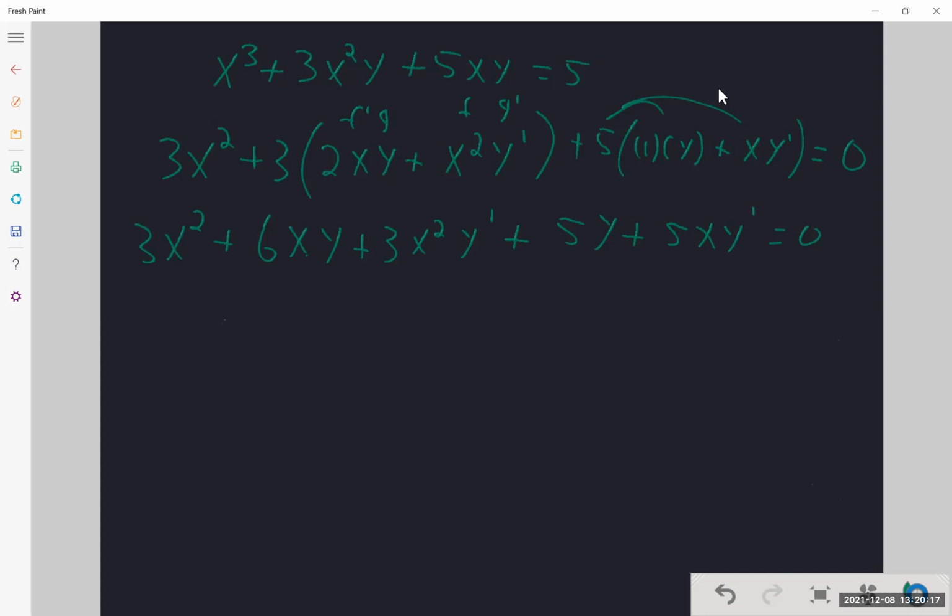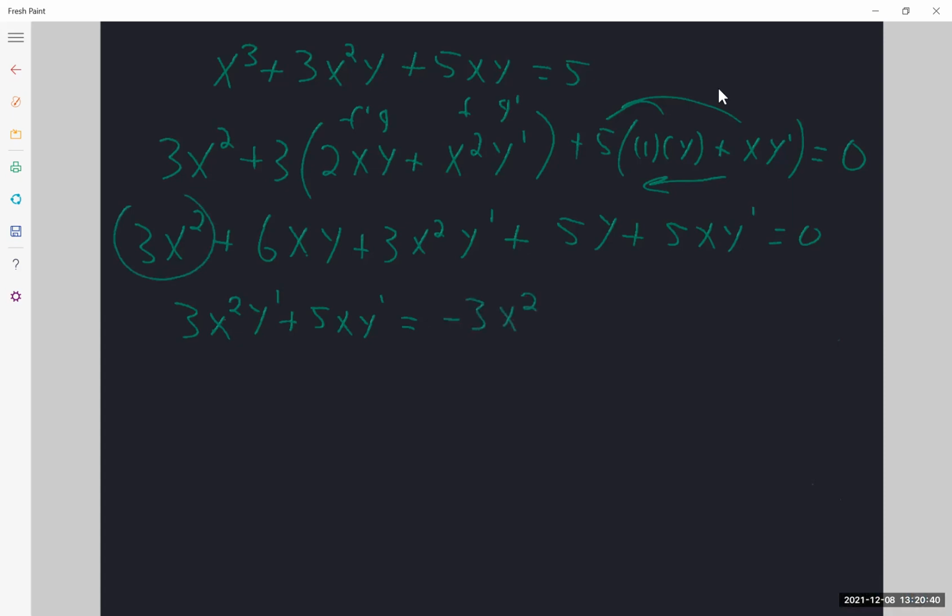The terms with y prime are going to stay on the left-hand side of this equation. So the 3x squared y prime and the 5xy prime can stay over here. Everything else is moving over. I move over this positive 3x squared by subtracting, which gives me a negative 3x squared.